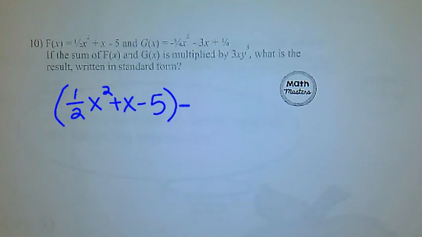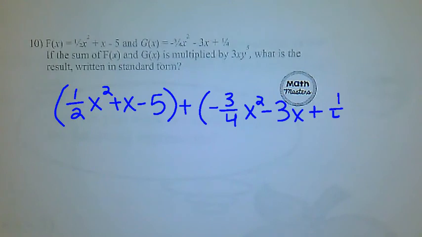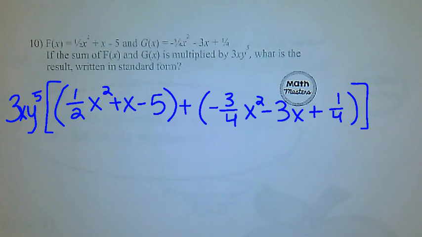Okay, and the last one, another challenging question. So we want the sum, so 1/2 x squared plus x minus 5. I want to add that to negative 3/4 x squared minus 3x plus 1/4. And then we are going to multiply that by 3xy to the 5th.